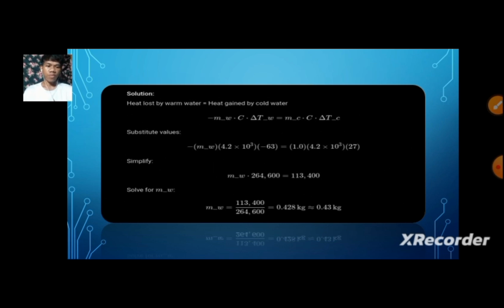Now we have to simplify, using our M_W as our mass, which is equal to 264,600. That's when you simplify these two numbers or variables.